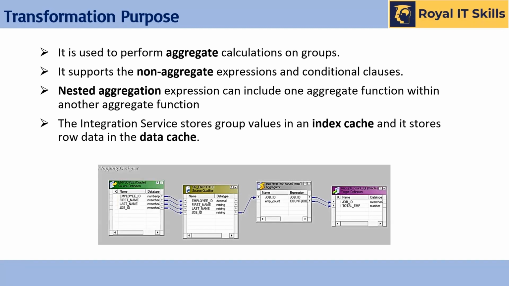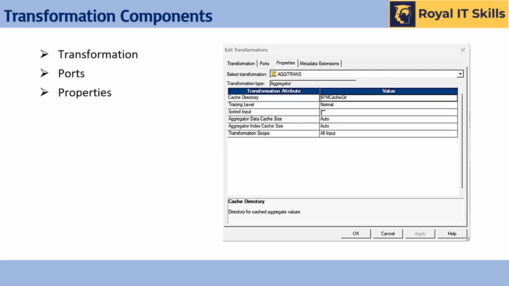Let's say I have some 50 columns in my source table, but only 10 columns are useful for my calculations, like employee ID, name, and so on. Others are not required. So we will limit the columns only to these 10 columns, not everything. We will see more on this.